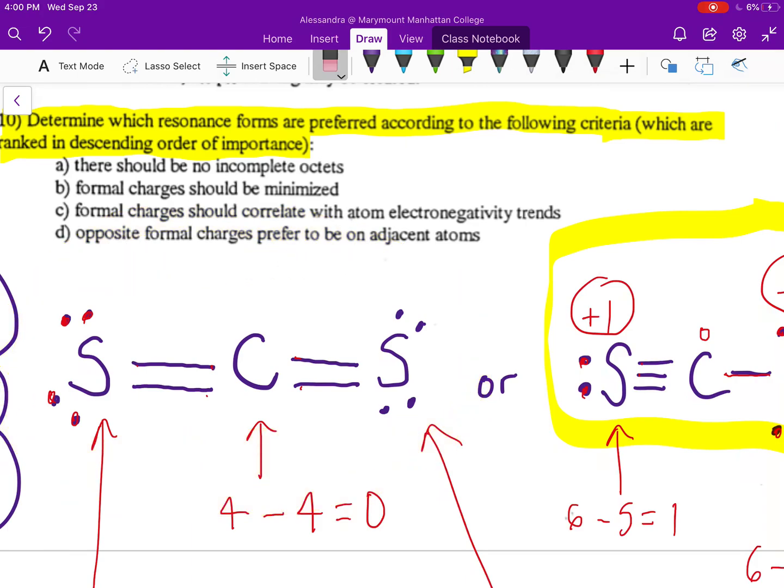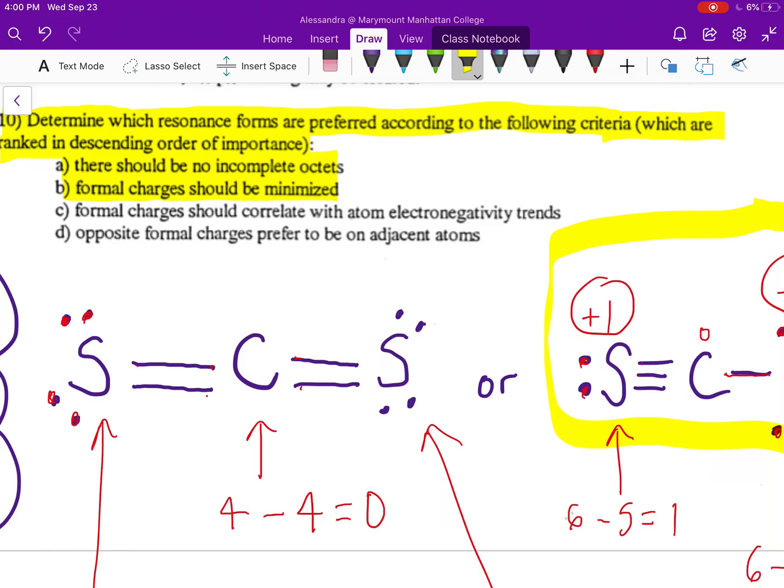So here, let me clean up this mess a little bit so you can see this. First of all, there should be no incomplete octets. If there are incomplete octets, you know it's not a legitimate resonance structure. Formal charges should be minimized.